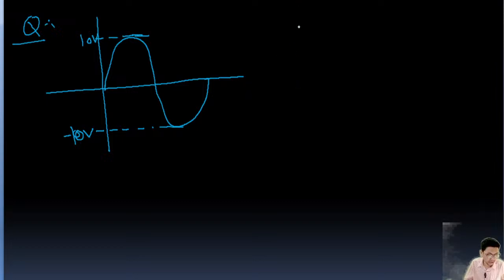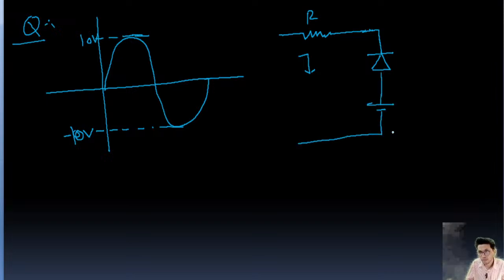And we have given the clipper, this is R, this is a diode, and this is this one. This is V output. Okay, and this is 2 volt. Okay, so there is one more diode.